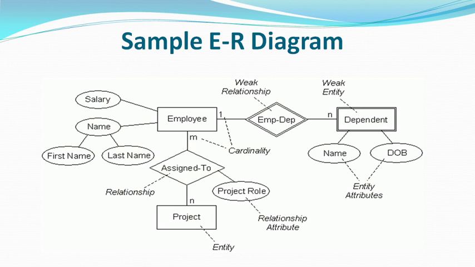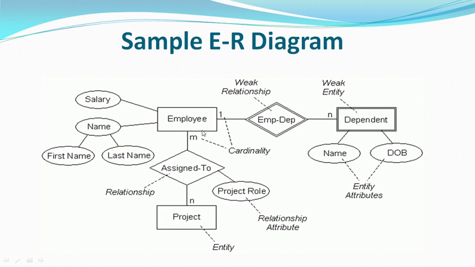Like this, an entity whose existence depends upon another entity is called a weak entity. Here the relationship is employee-dependent. It is a weak relationship. One employee has many dependents. The weak entity is represented using a double rectangle. It is a one-to-many relationship.